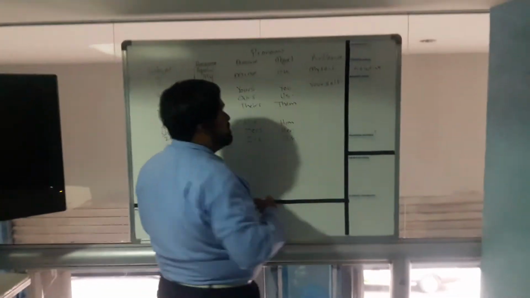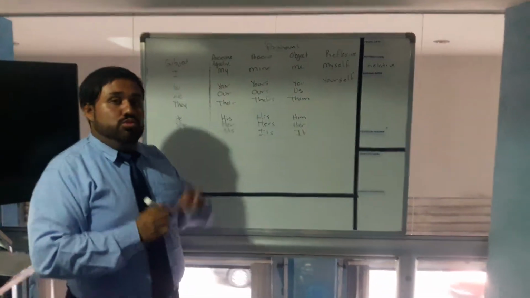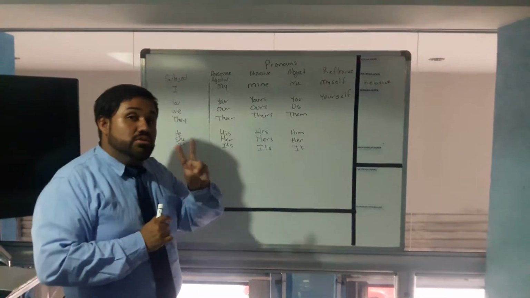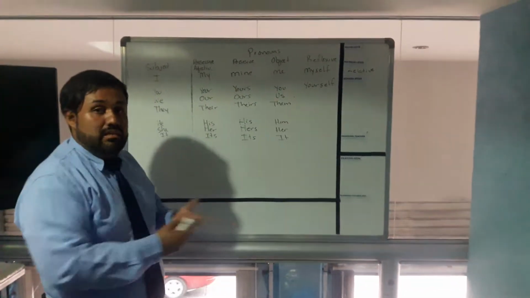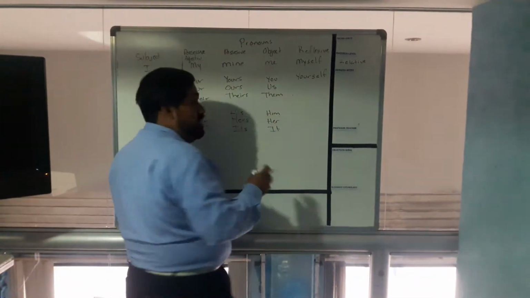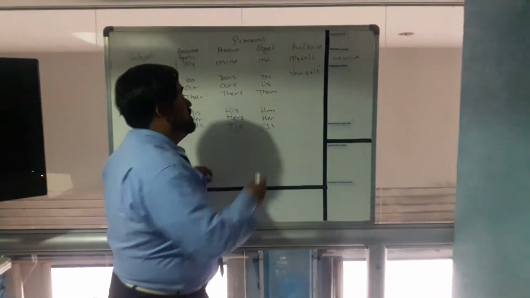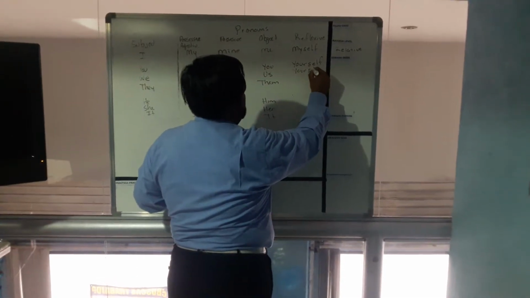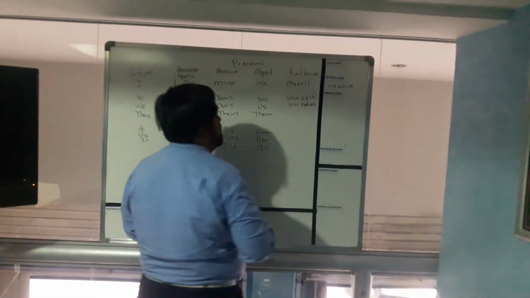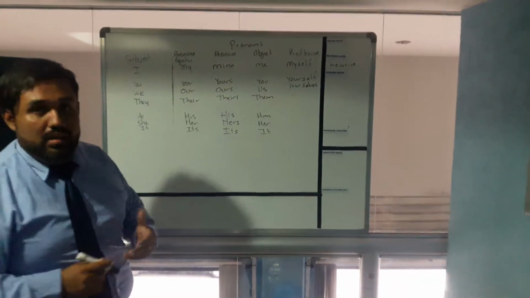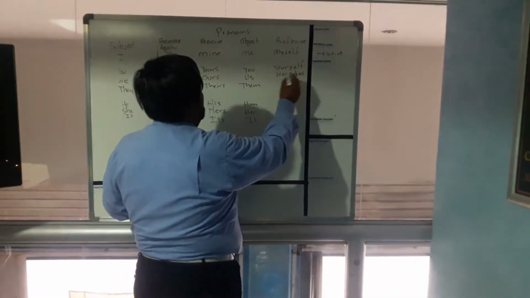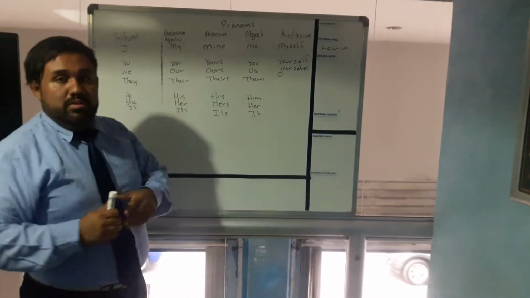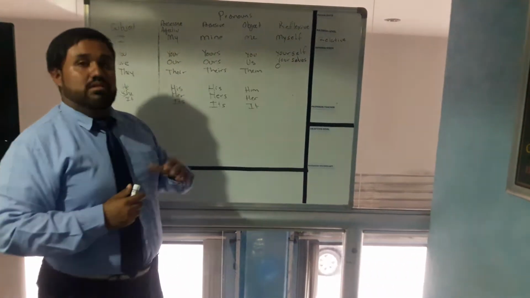Remember you have two yous. The first you is singular, that is tú, and the second you is plural, that is ustedes. The way of writing is different: yourself is for the singular and yourselves is for the plural. The only one that is singular is yourself.